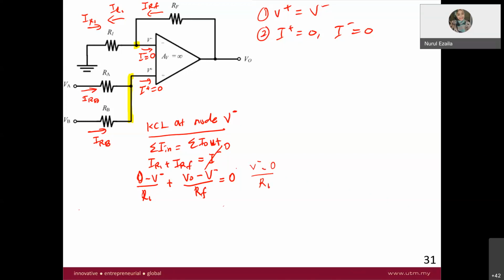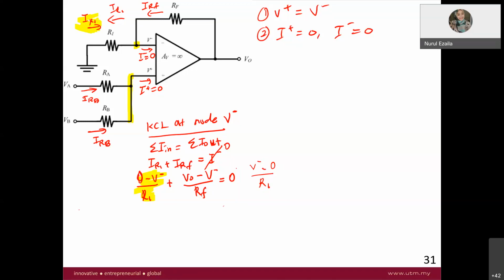So there will be no this portion. Your equation will be like this. Like I said just now, current direction doesn't matter. You decide your current direction, but later when you write the KVL it must be correct. If my current direction now is to the right, my current from 0 ground to minus V1 over R1.